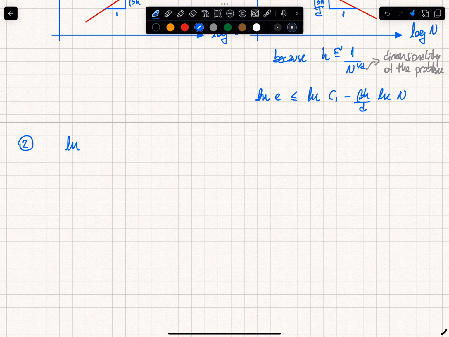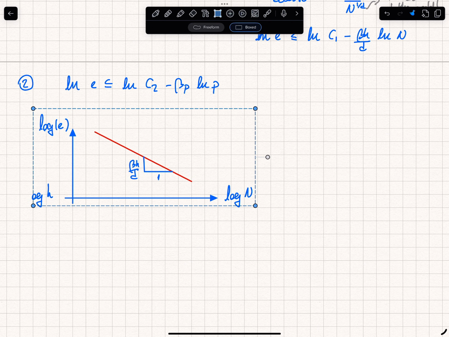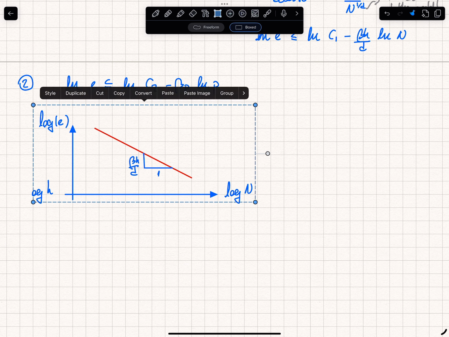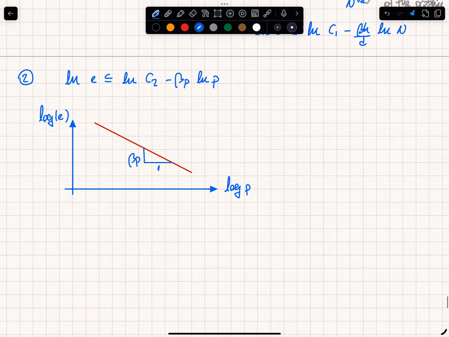So the log of E is less than or equal to the log of C2 minus beta p log of p. So we have p here. This is going to be beta p. It looks like that. Yeah?